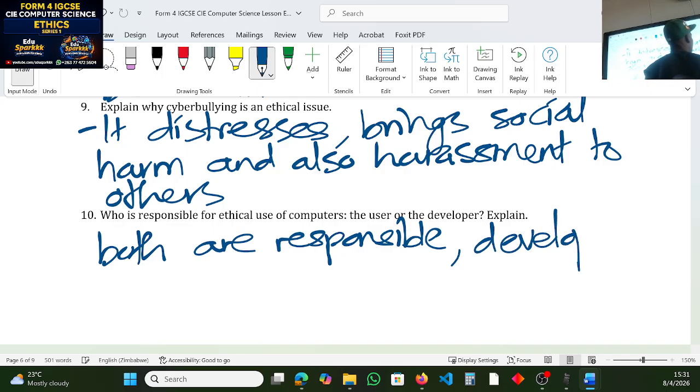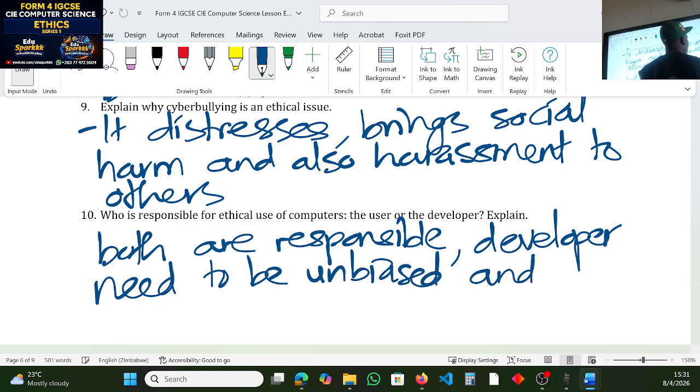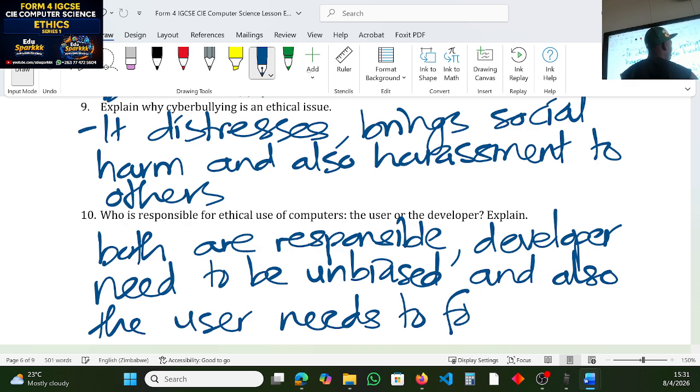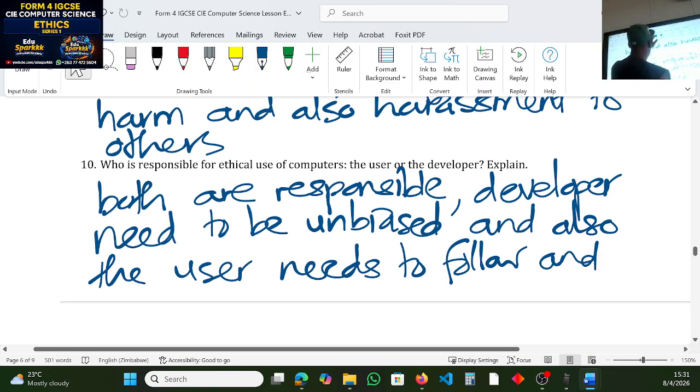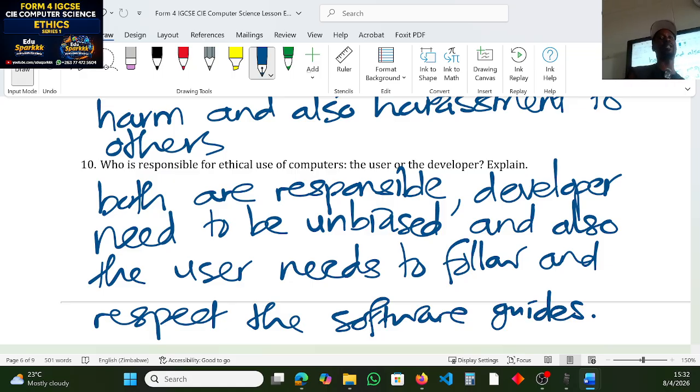The developer needs to be unbiased in the process of developing the software, and also the user needs to follow and respect the software guides.